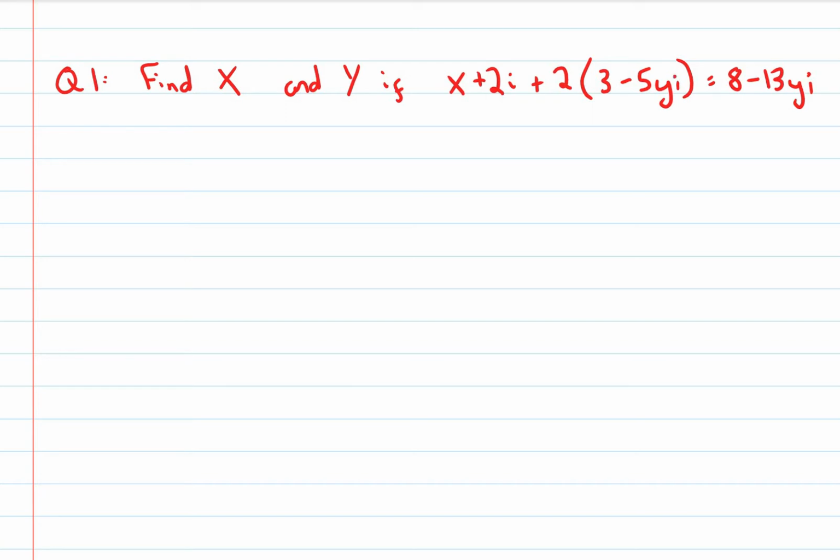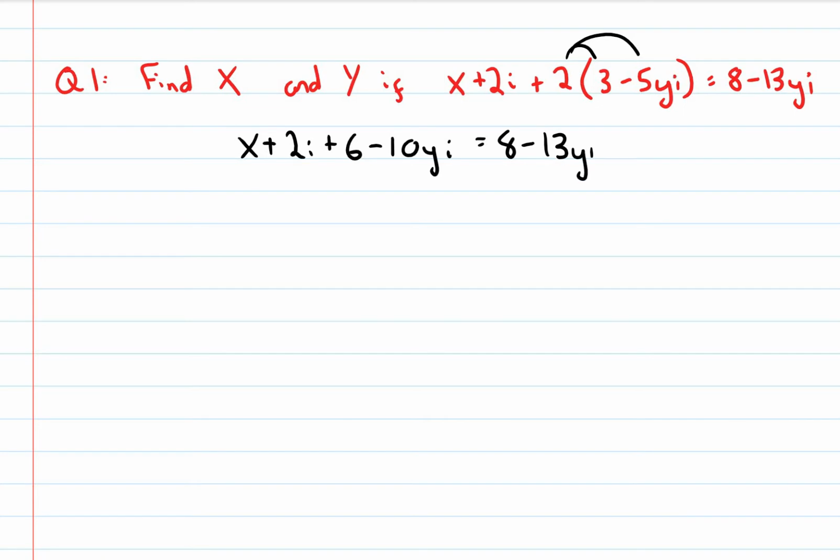Okay, so here's what we'll do. First thing, we'll multiply out the brackets. So we get x + 2i + 2 multiplied by 3 is 6, and 2 multiplied by minus 5yi is minus 10yi. And that all equals 8 - 13yi.